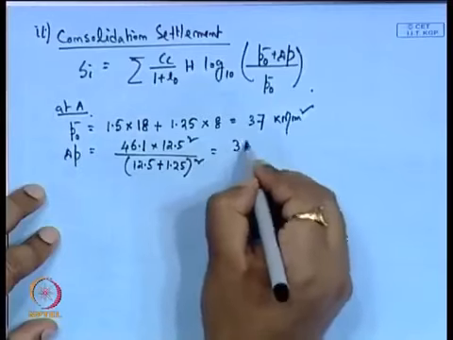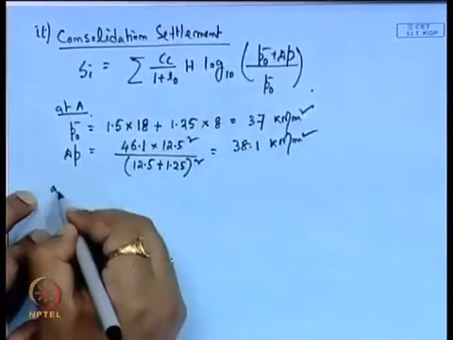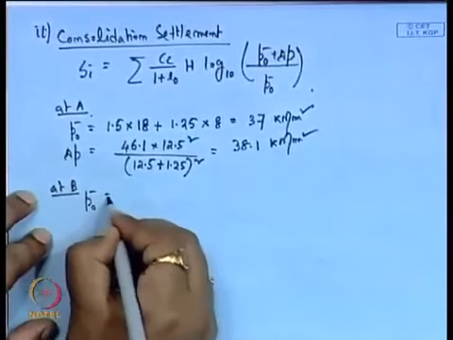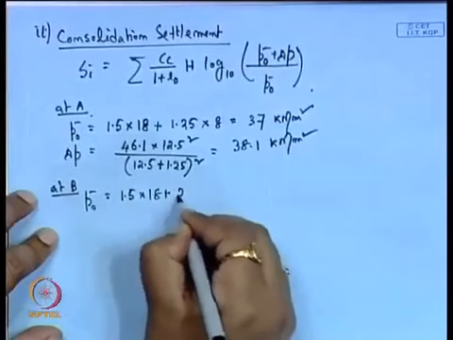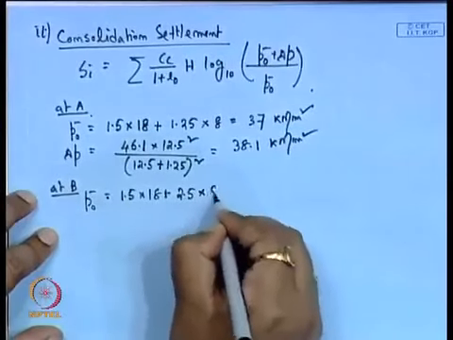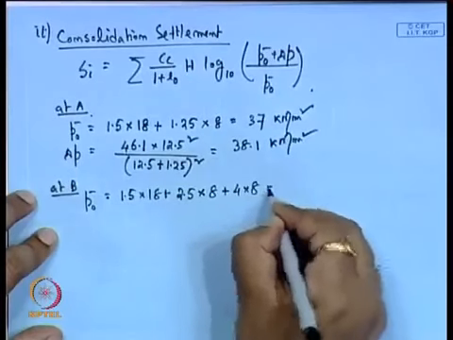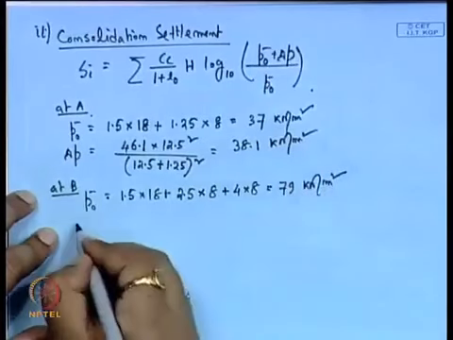So, this is 38.1 kilonewton per meter square. Similarly, at B, P0 bar is 1.5 into 18 plus 2.5 into 8 plus 4 into 8. So, this is 79 kilonewton per meter square.